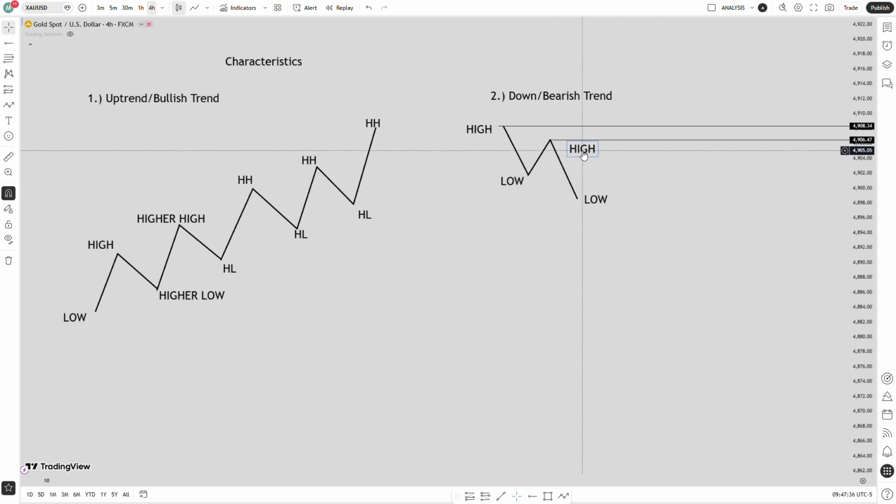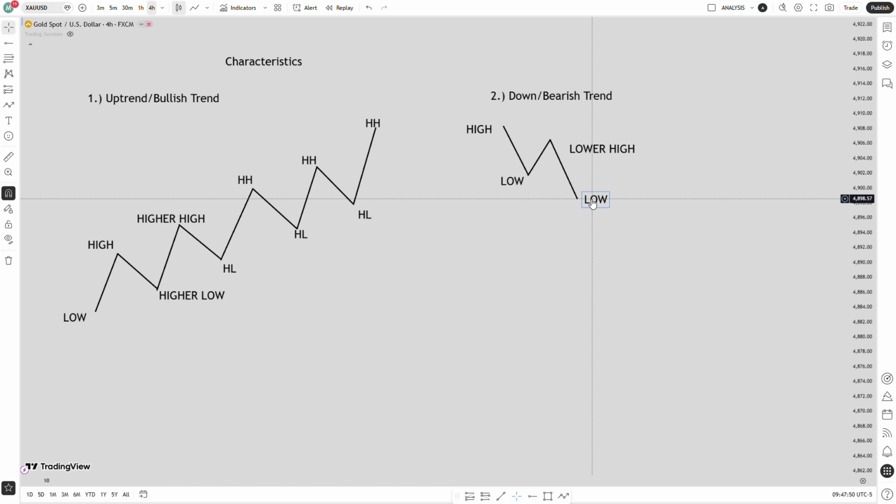So this is lower than this, so this will be called what? A lower high. This is the previous low, while this is the new low. Comparing the previous low to the new low, the previous low is higher than the new low, so the new low is what we call a lower low. I hope that is clear.